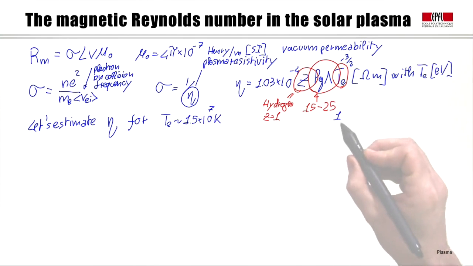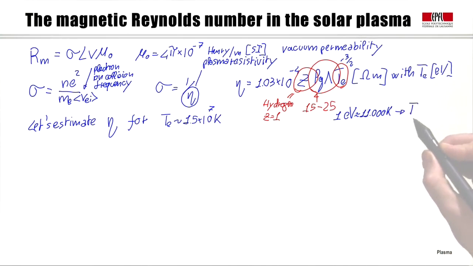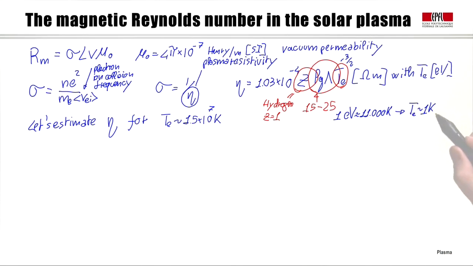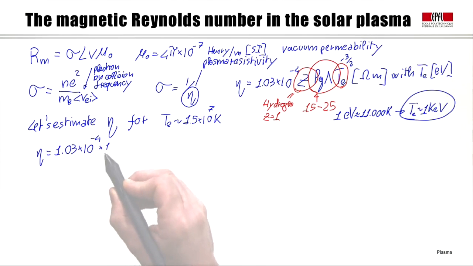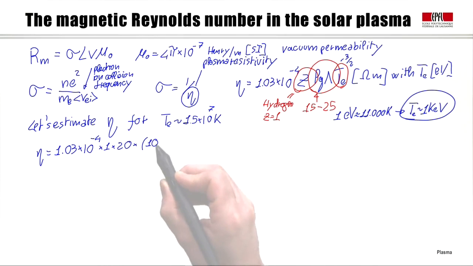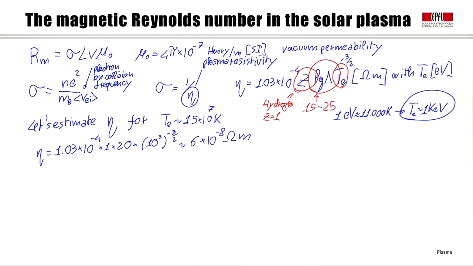We recall that 1 electron volt is equivalent approximately to 11,000 Kelvin, and we can take a temperature of the order of 1 kilo electron volt. Let's plug this number into the formula. We end up with a resistivity of the order of 6 × 10^-8 ohm meters.